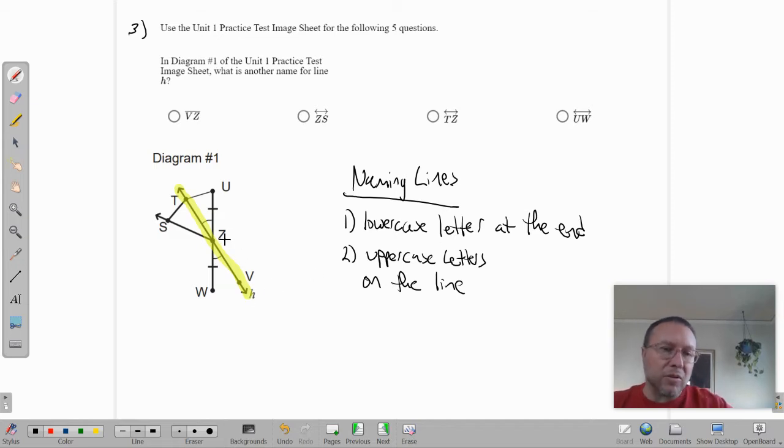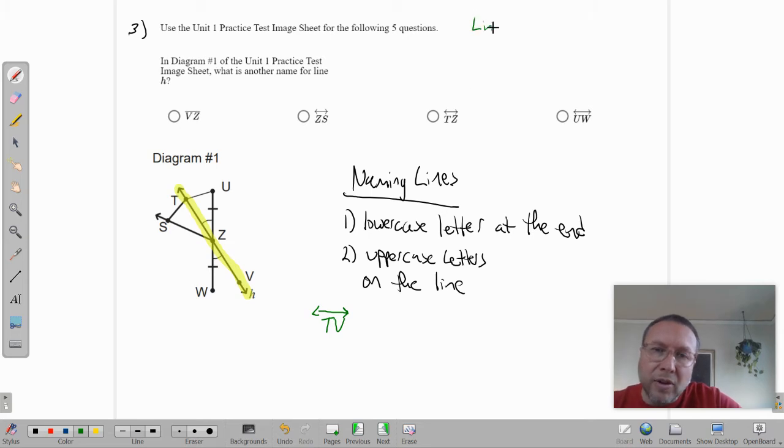Or we could use the uppercase letters that are actually on the line. I'm going to list out some possibilities here. I could start at the top and go to the bottom, so TV. And then you notice I do a little line here to indicate that it's a line.